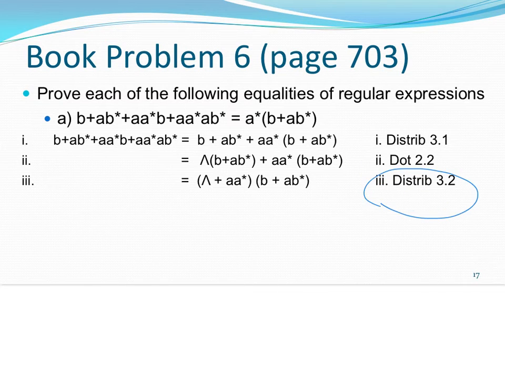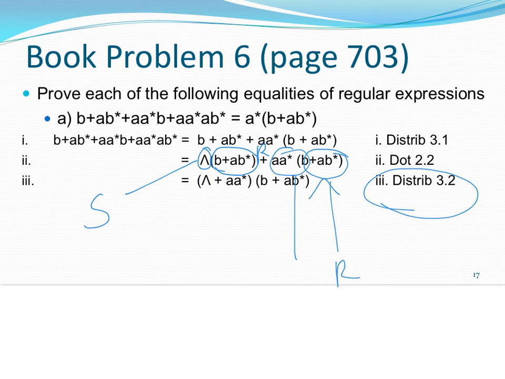Well, I've said it's distributive 3.2, and that's because if we look at this, if we let this lambda piece, if we call that S, and we take that b plus ab star piece and call it R, well, there's the b plus ab star piece again, so there's R again, and we'll call this AA star T, right?